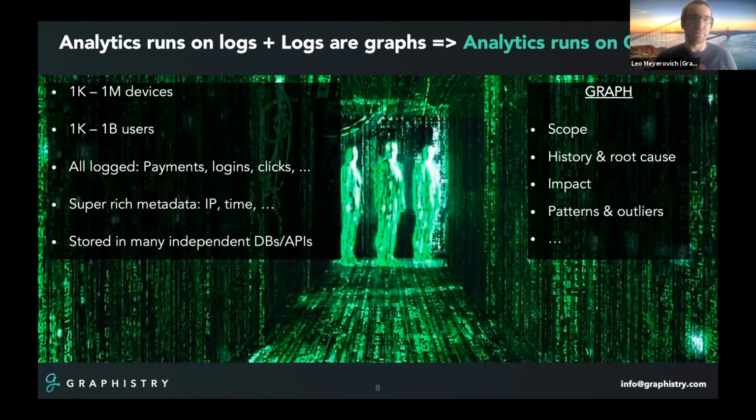Or using that same information, it might be a sales or marketing team. That's all on logs. But as I'll show in a second, we can think about logs really as graph problems. So what we've been thinking at Graphistry is general analytics, recasting that as a graph problem. And if that's true, that means what we're talking about in this community is much more important than a lot of people realize.